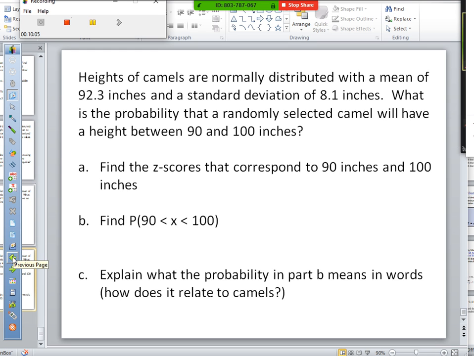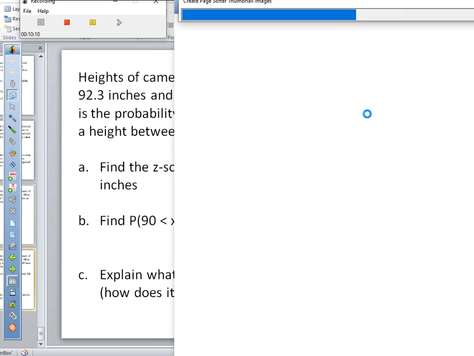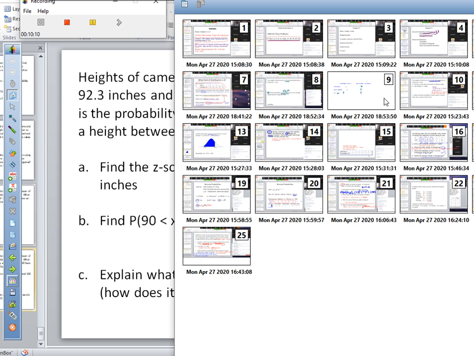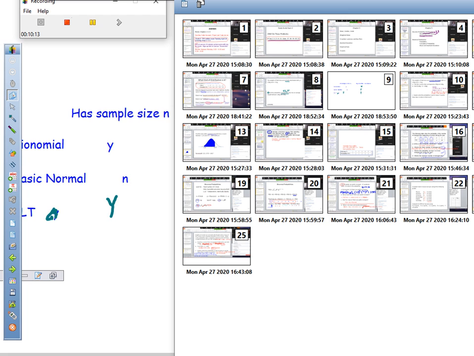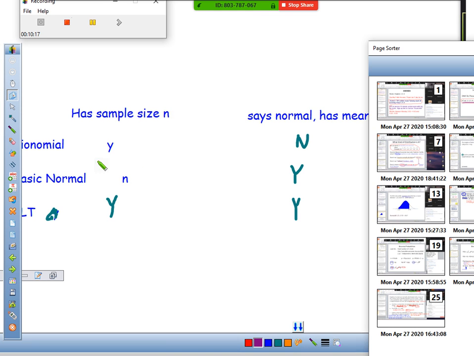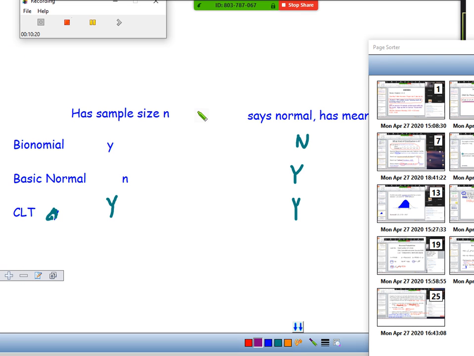Can I find that table again? So we kind of go back to here, right? If it has a sample size n, then it's either binomial or central limit theorem.